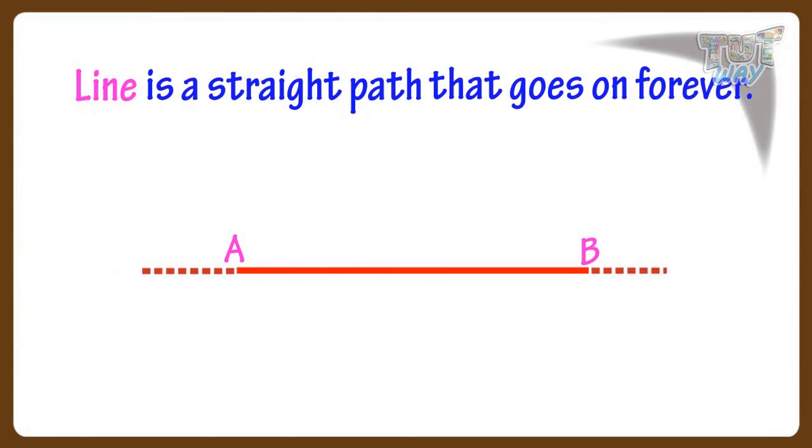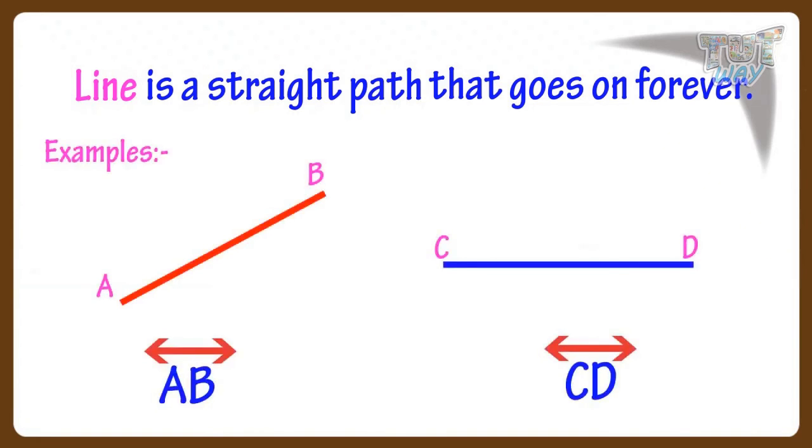We learned a line is a straight path that goes on forever in both directions. That is, there is no endpoint on a line. The symbol used for a line is this, representing two arrows in both directions. These are some examples of lines.